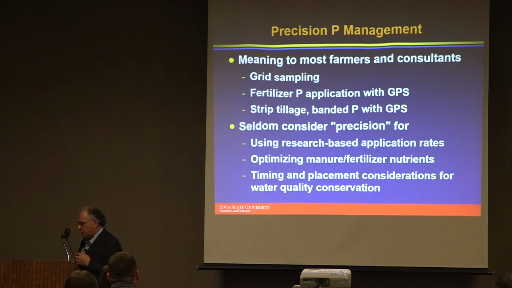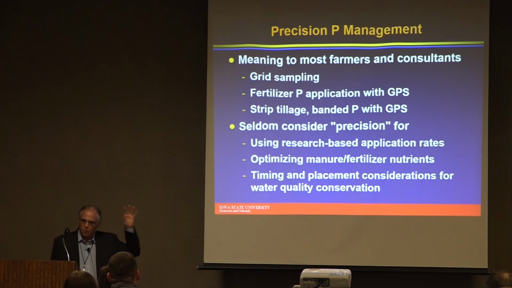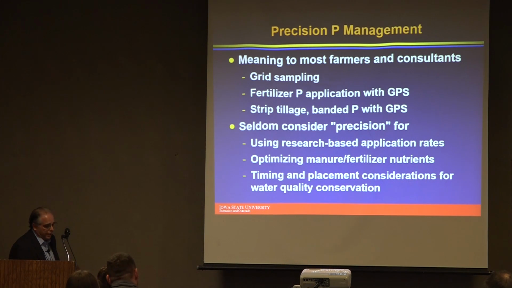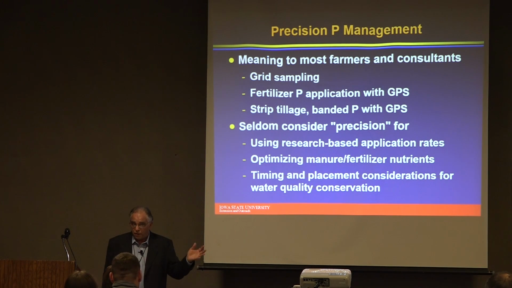Now, I put the word precision in the title on purpose, because when you talk to farmers or consultants and you use the word precision, or precision agriculture, the three things they think about are grid sampling, compared with the classic sampling by soil type, based on GPS; the fertilizer P application with GPS, say variable rate; and then maybe strip tillage associated with banding with GPS, which is okay, it's good.